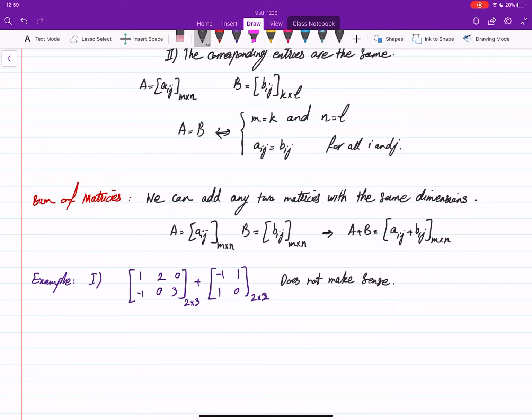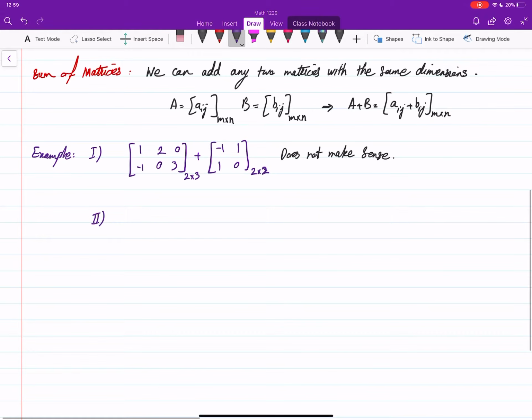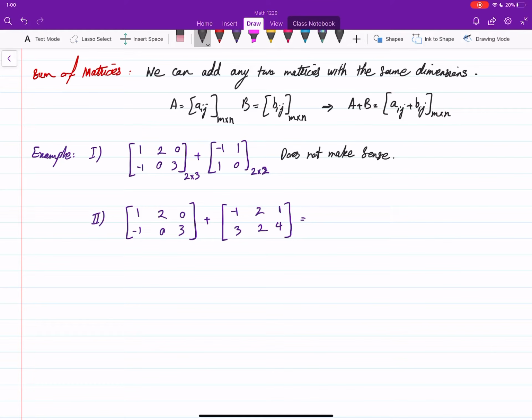Well, if they have the same rows and same columns, then that's a different story. So if I have 1, 2, 0, -1, 0, 3, let's call that A, and then B is -1, 2, 1, 3, 2, 4. When you add them, first of all, they have the same number of rows and columns.